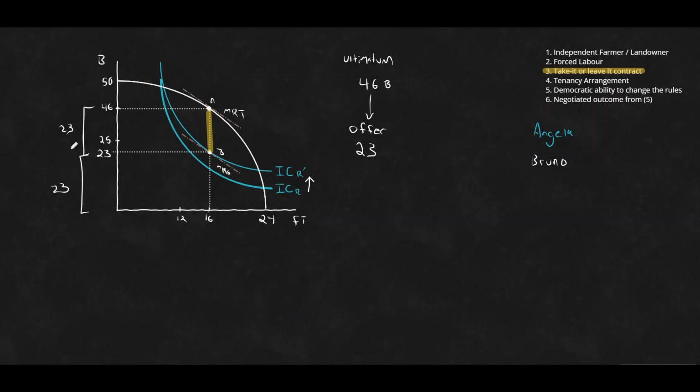And in this case here, Bruno gets his profit, his economic rent of 23 units, and Angela gets economic rent of 0. Angela's getting economic rent of 0 because she's getting no benefit in terms of bushels above her minimum reservation option, which is the reservation option between this or her next best alternative as to another job available to her. So yes, this is great.